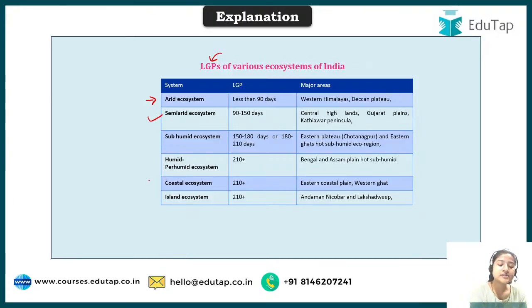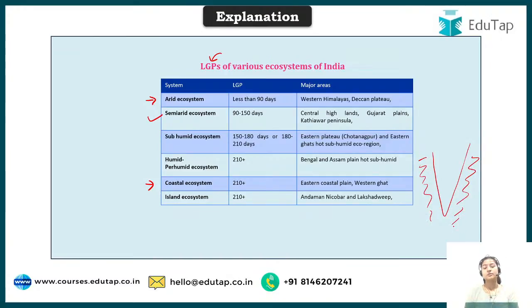Coastal ecosystem is basically the coast, the lower portion of India, surrounded by sea or larger water bodies. And an island is an area surrounded by water from all four sides. There are different lengths of growing period of plants and major areas where each type of ecosystem exists.